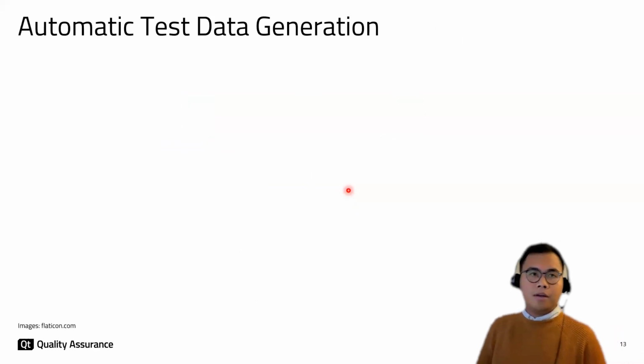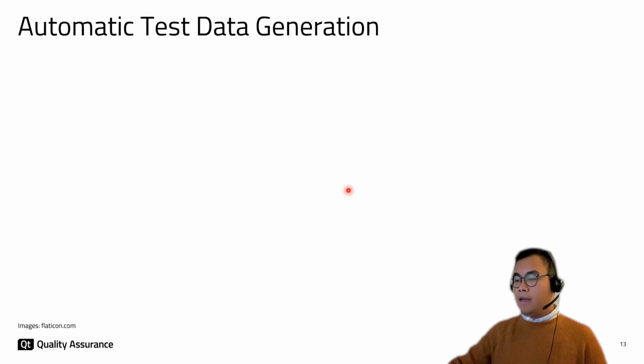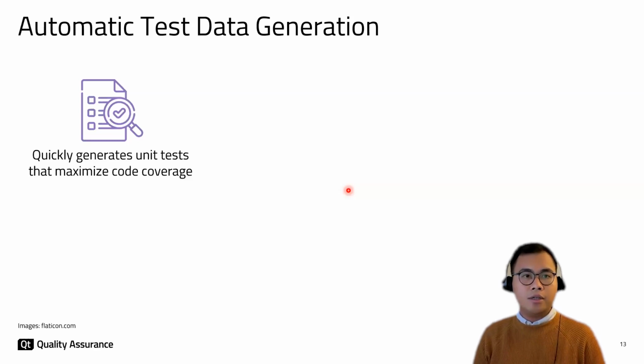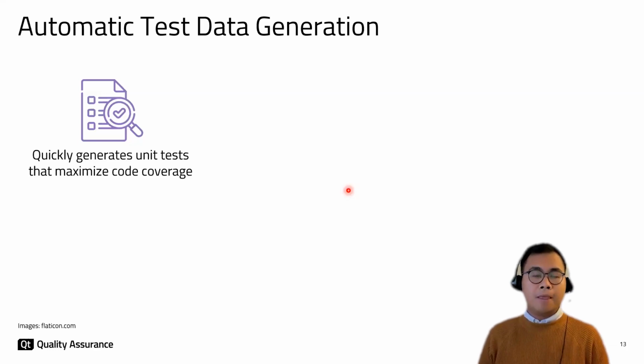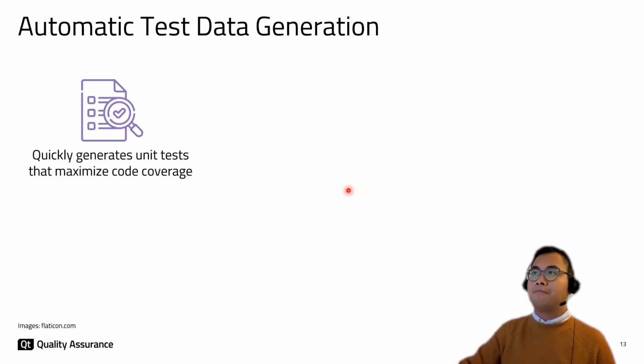So just some final remarks about automatic test data generation. We saw that it quickly generates unit tests that maximize code coverage. Writing unit tests that cover all possible scenarios and edge cases can be very challenging and time-consuming, but automatic test data generation can help fill the gaps in the coverage by generating new inputs that they may not have thought of.